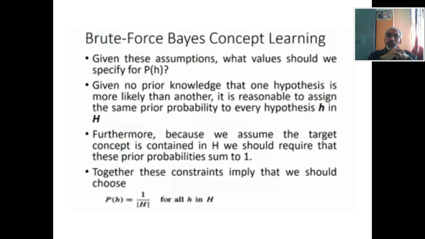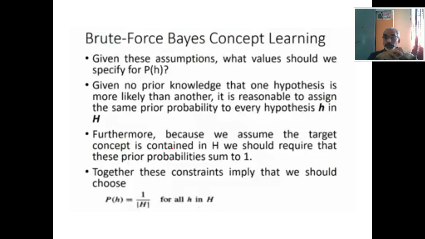When no prior knowledge says that one hypothesis is more likely than another, see, when you have two hypotheses without any prior knowledge, how can you tell that H1 is better than H2? You should have some prior knowledge.